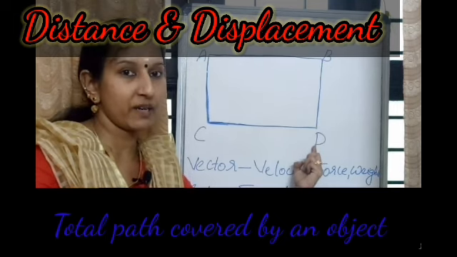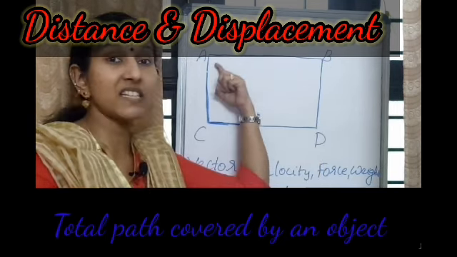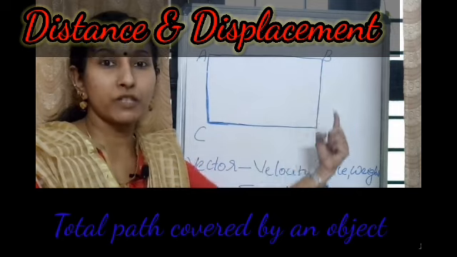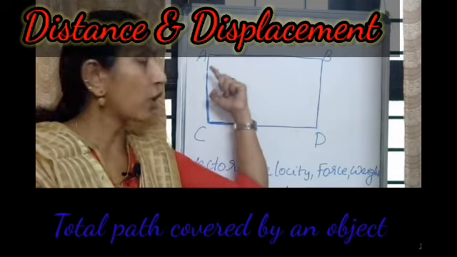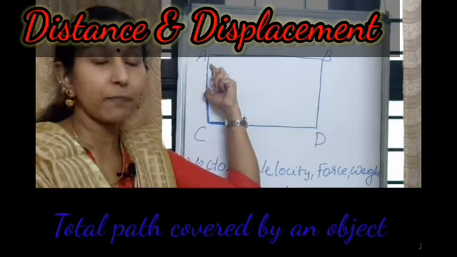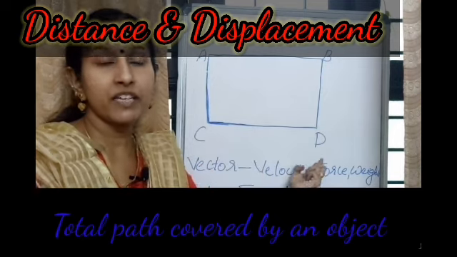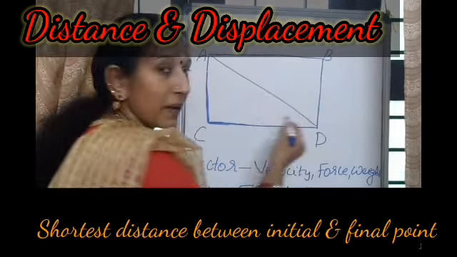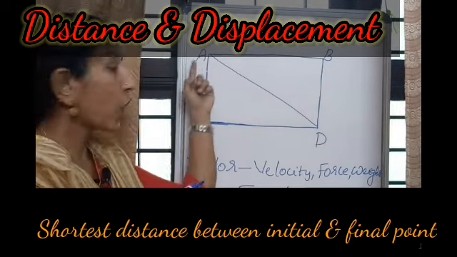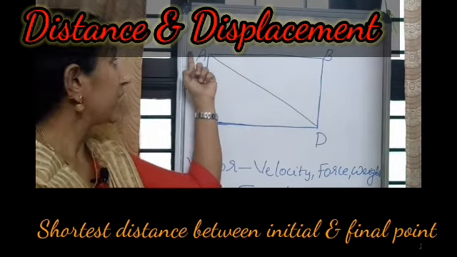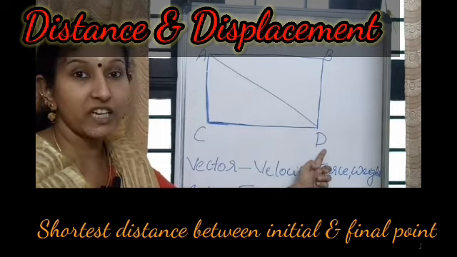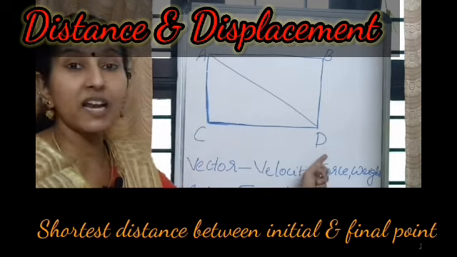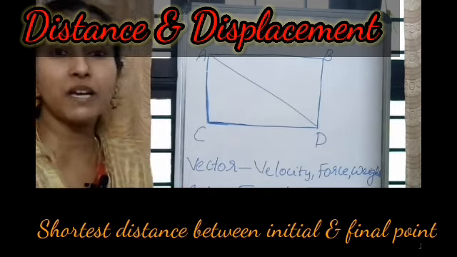In two ways we can define distance. Either we can write that distance is the total path covered by an object, or distance is the total path between initial point and final point. Then how will we define displacement?